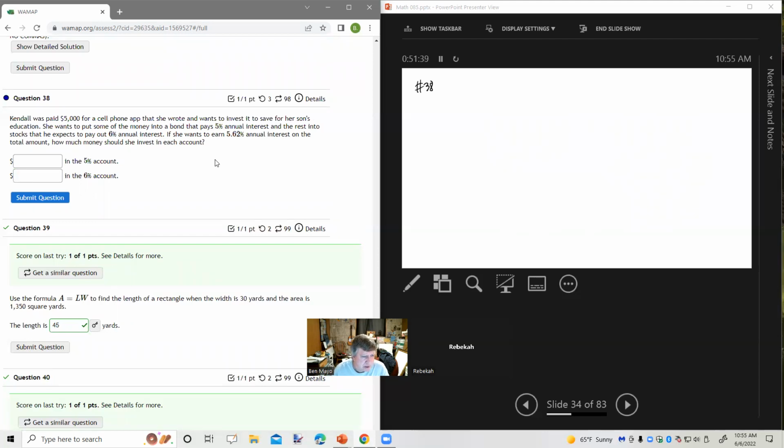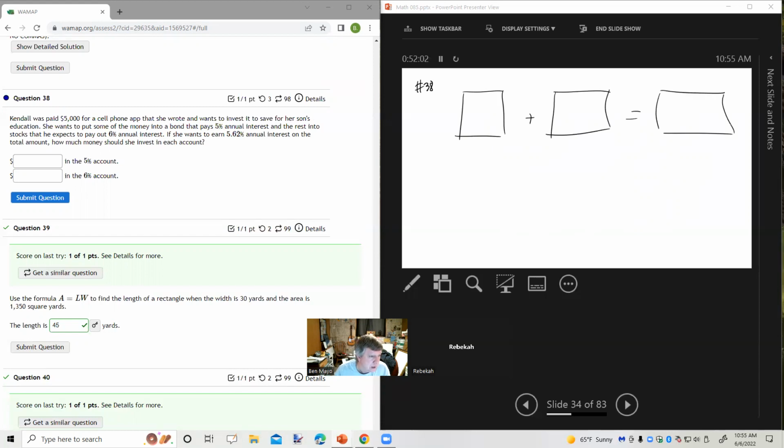She wants to put some money into a bond that pays 5% annual interest and the rest into stocks that he expects to pay out 6%. If she wants to earn 5.62% annual interest on her total amount, how much money should she invest in each account?